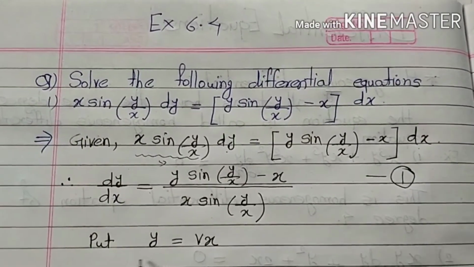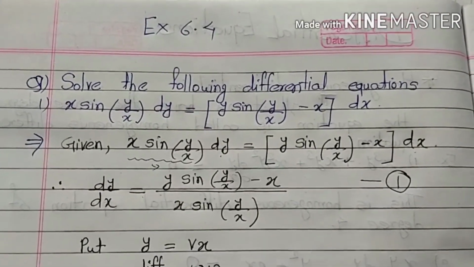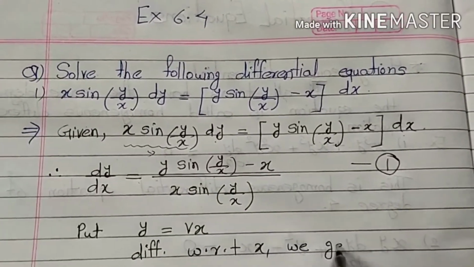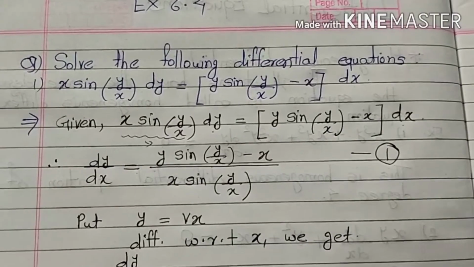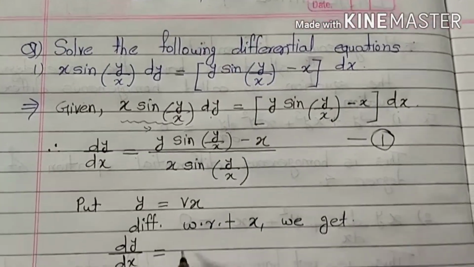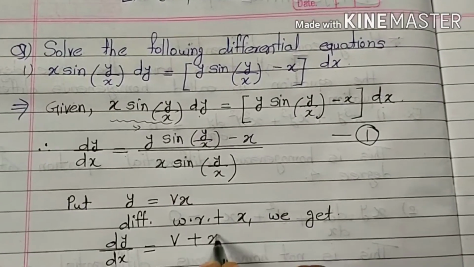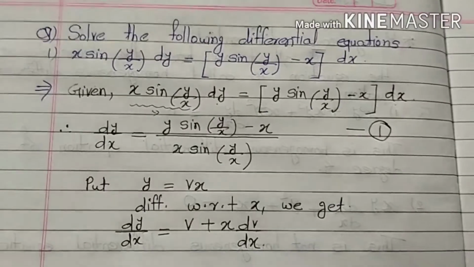Now differentiate with respect to x. So differentiating, we get dy by dx on this side, and the differentiation of this is a product, so I use the product rule here, and dv upon dx.